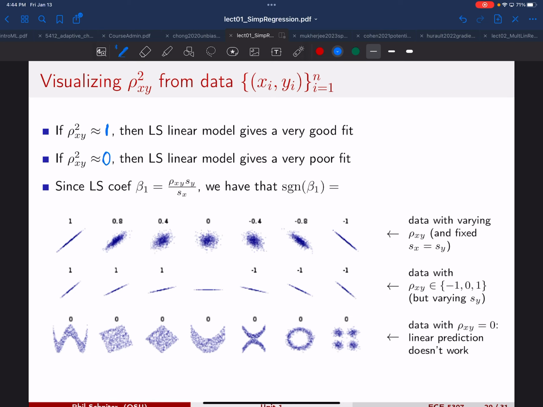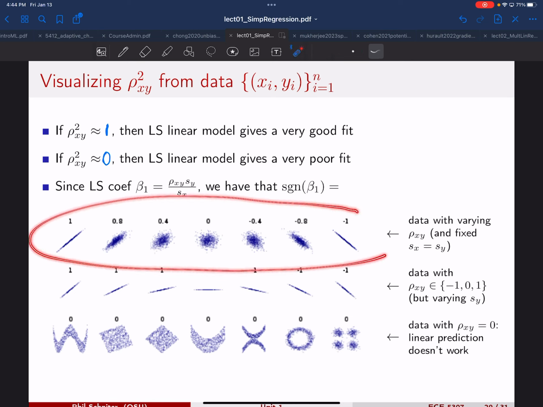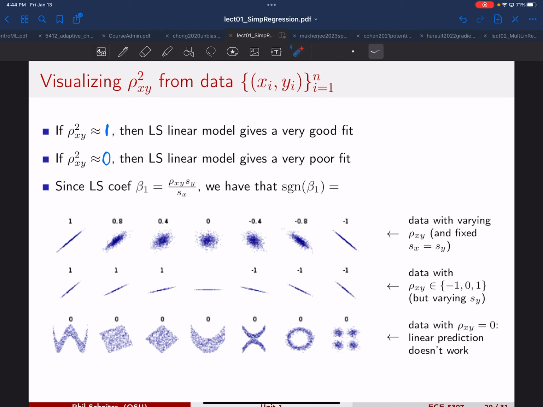Here is the picture we saw before. A few examples of data sets where you go from rho xy 1 down to 0 down to -1. This is the worst case, and the edges are the best cases. We also talked about these different examples of rho xy equal to 1, and rho xy equal to -1.